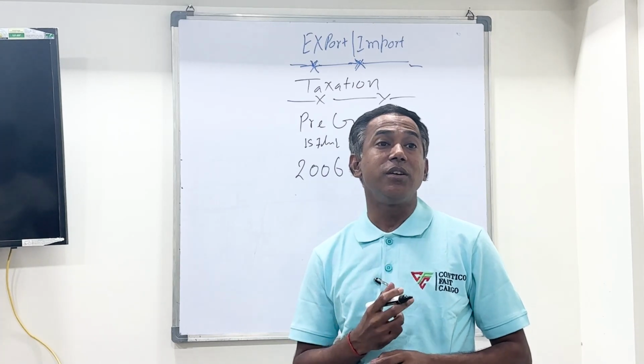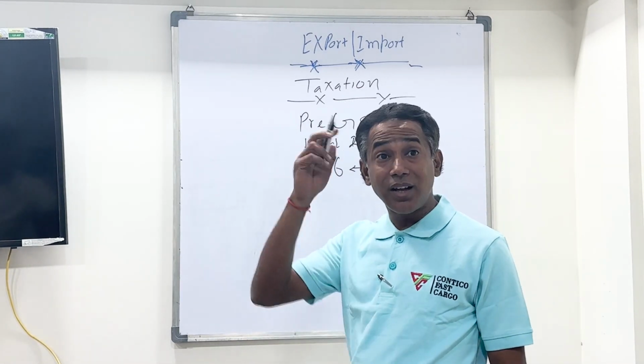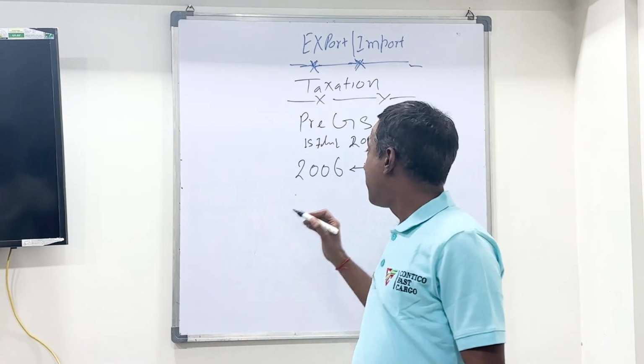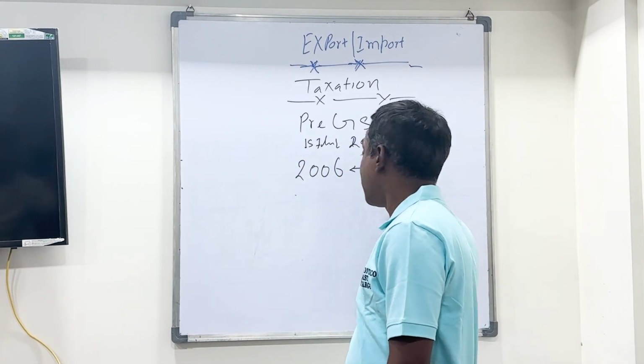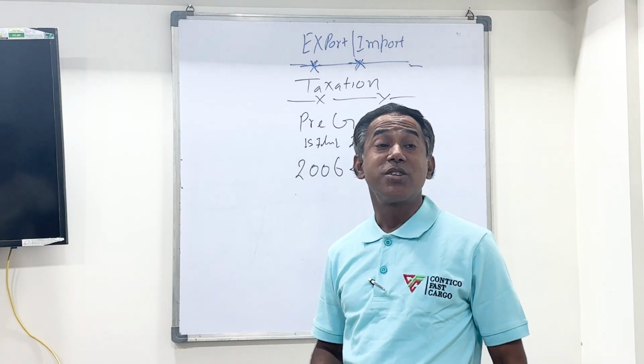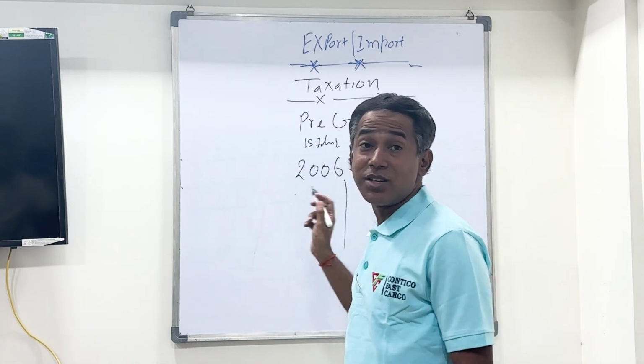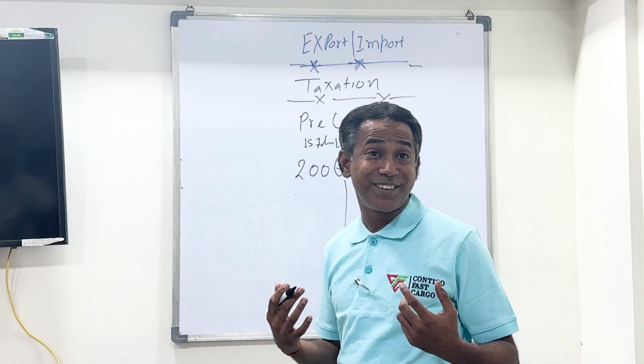The GST council was formed in 2006, and at that time they decided that by 2010 they would bring GST to our country. But as I told you, the center and every state had their own power to collect tax.